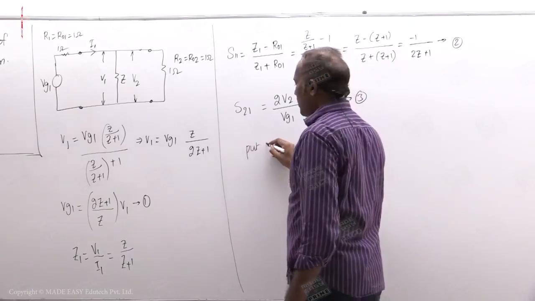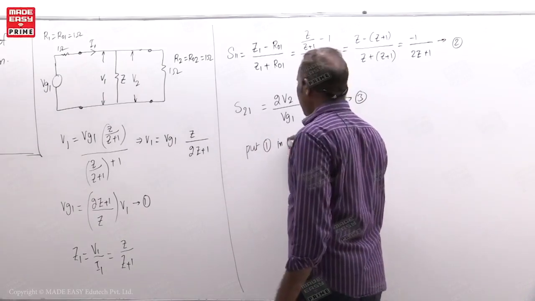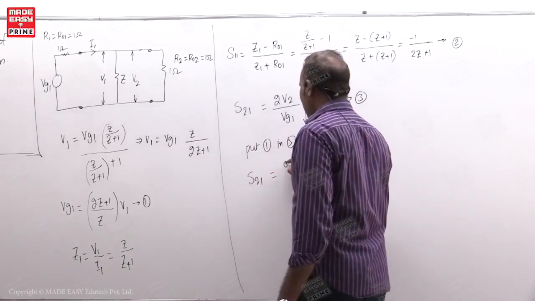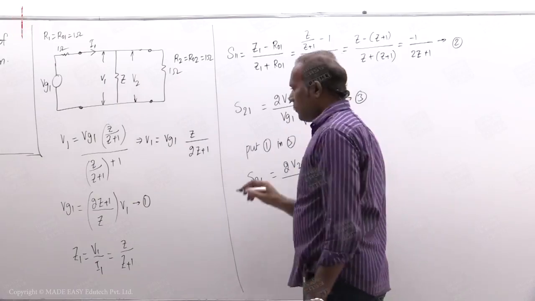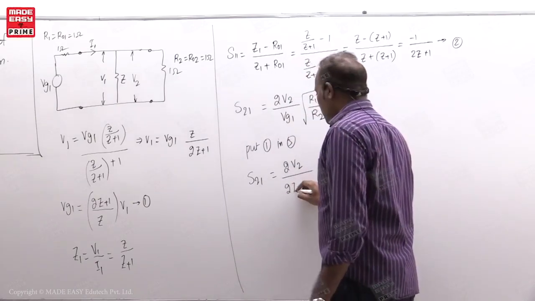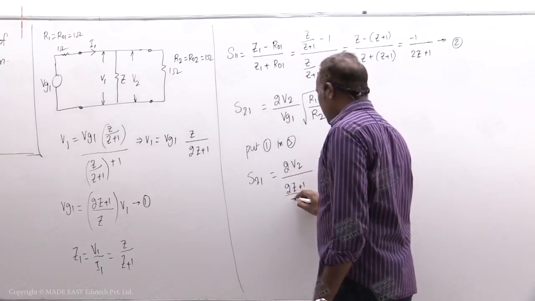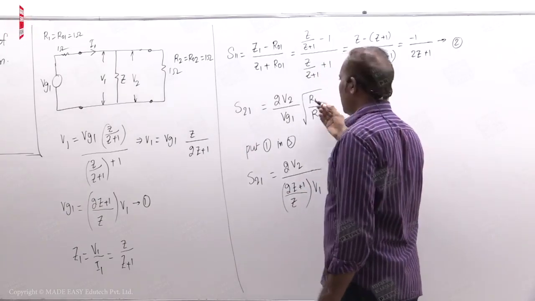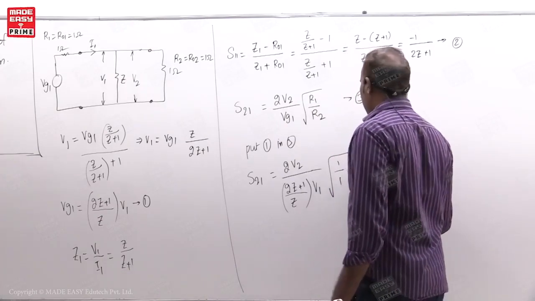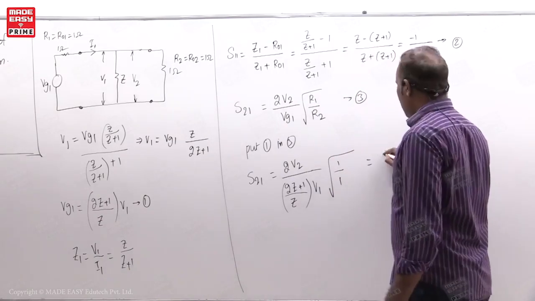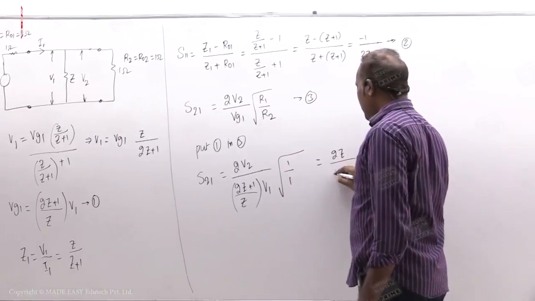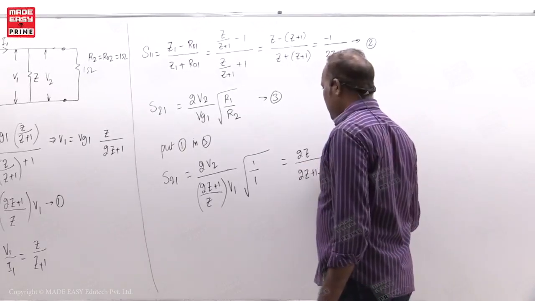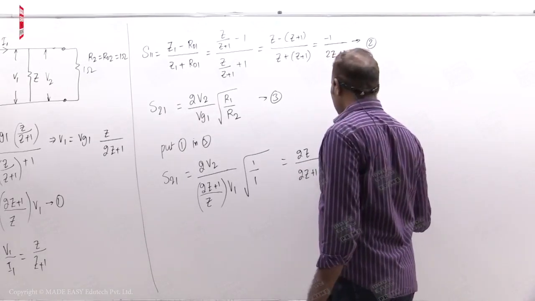So you put equation 1 in 3. S21 is equal to 2 times V2, Vg1 is 2z plus 1 divided by z. So V1 root of R1 is 1 by 1 actually, that is equal to 2 times z divided by 2z plus 1 and V2 by V1.